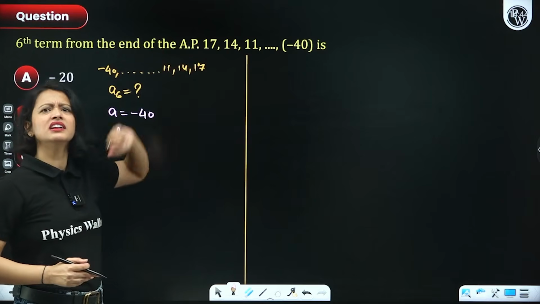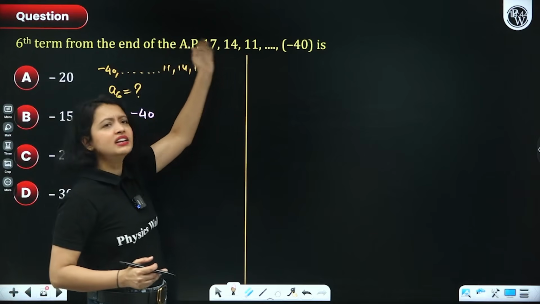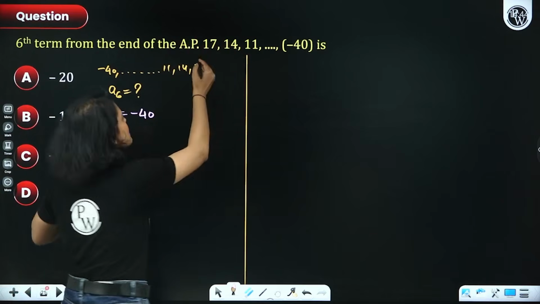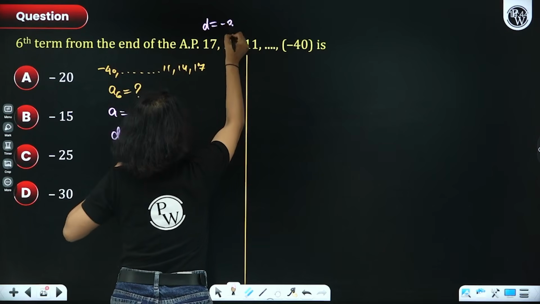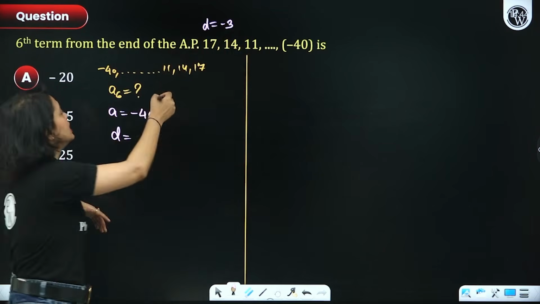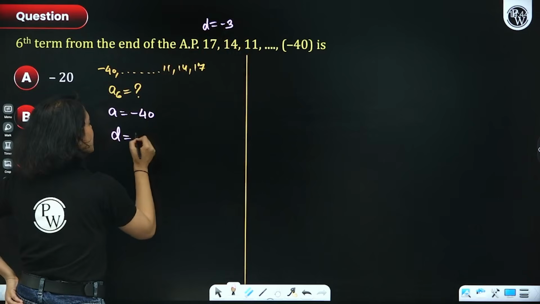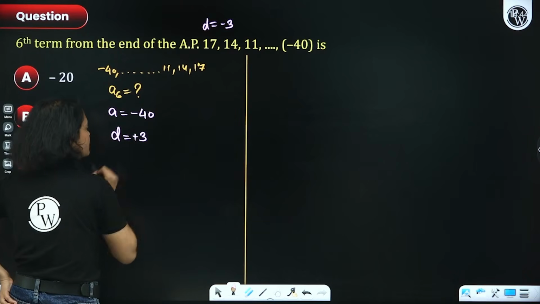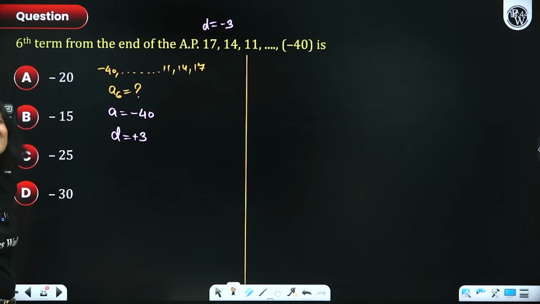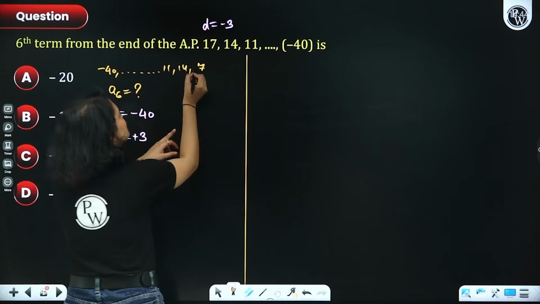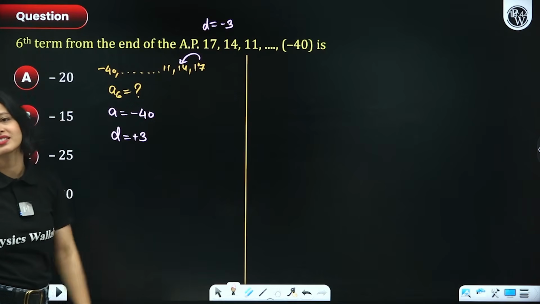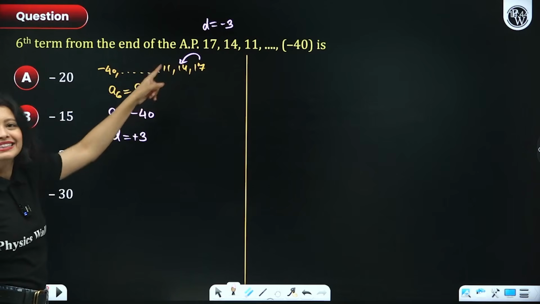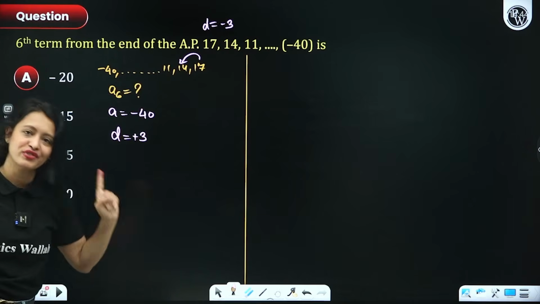Subtract these. Or just figure out D from here and change its sign. For example, here D is 14 minus 17, which is negative 3. So if D is negative 3 here, then here D will become positive 3. Right or not? Or you can just subtract the previous term from the next term: 17 minus 14, 3, guys. So remember, the sign of D changes when you're reversing the AP.